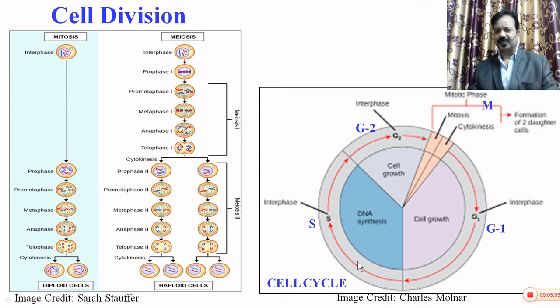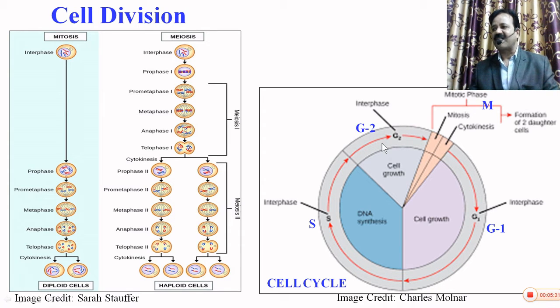S phase is the phase of synthesis in which the cell prepares its DNA. So the chromosome number is doubled through DNA replication. Therefore it is called the S phase, or also called the synthetic phase. The other phase is the G2 phase.